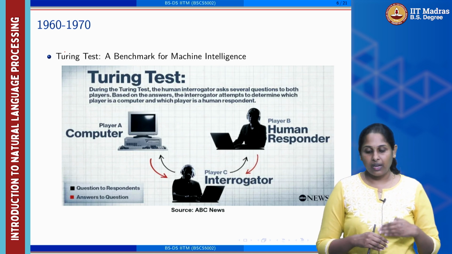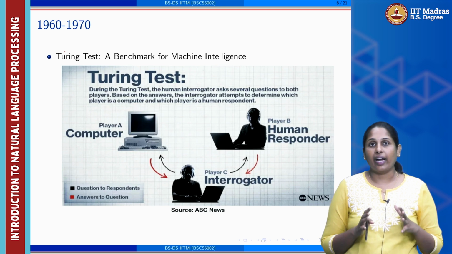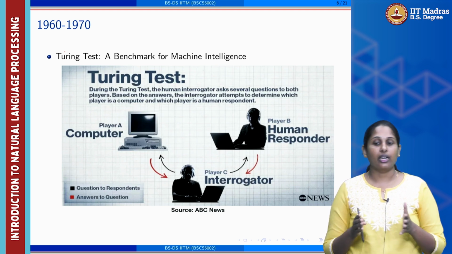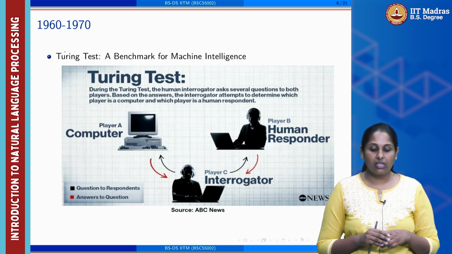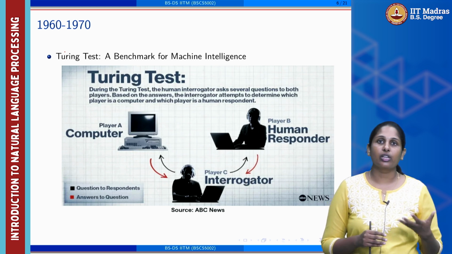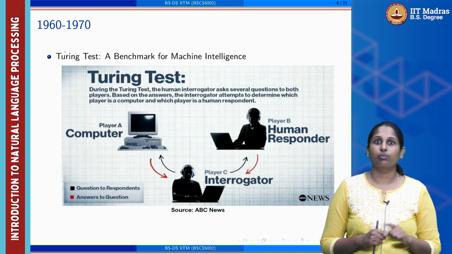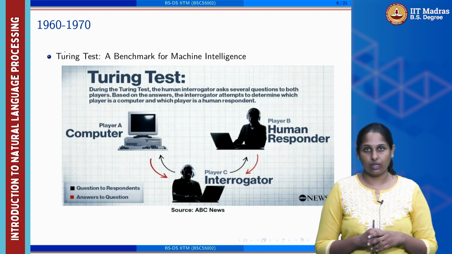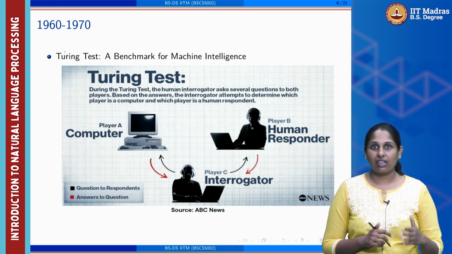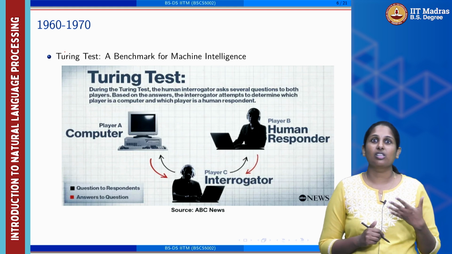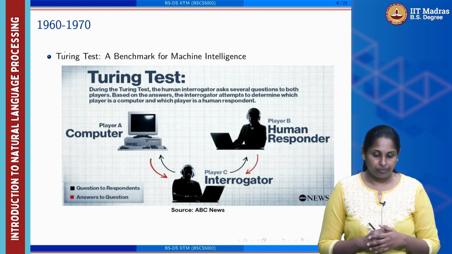If the interrogator is able to distinguish between the computer and the human responder, that means the computer system failed. If he cannot distinguish between them, that means the computer succeeded. That means it's able to work like a human.